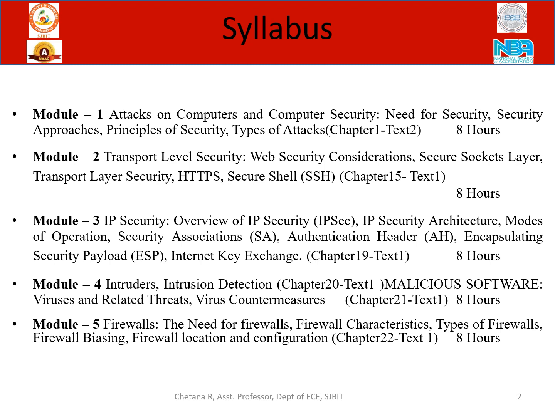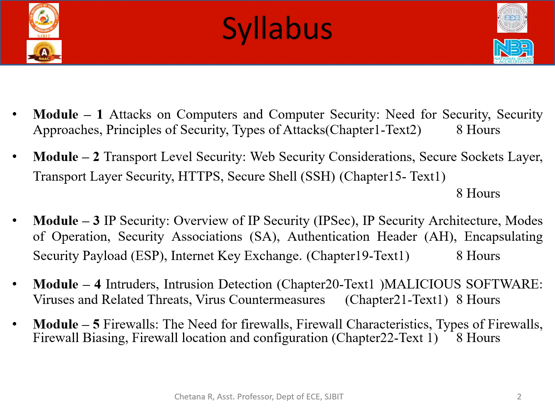And the third module is about IP security, where we understand an overview of IP security and what the architecture is, the various modes of operation, what a security association is, what we mean by an authentication header, encapsulation security payload, Internet Key Exchange, etc. The fourth module is all about intrusion and intrusion detection.